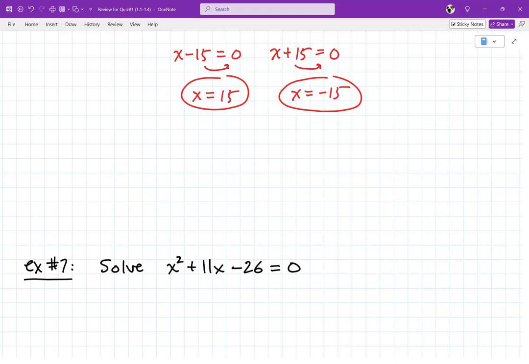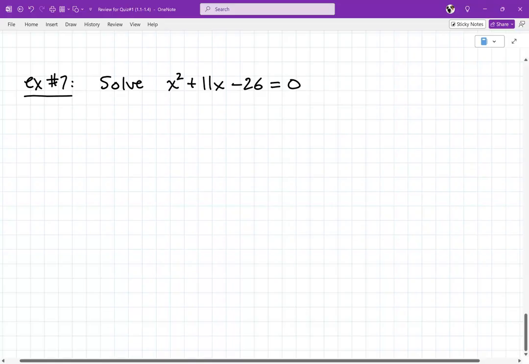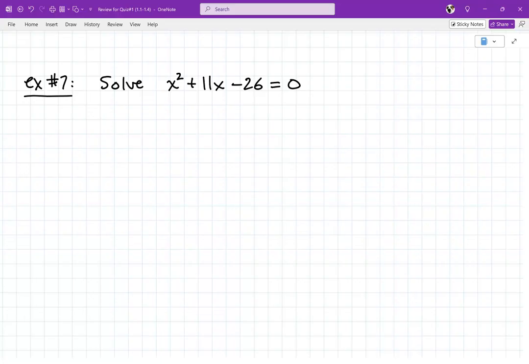Okay? So this one, you look at it, it's 3 terms. So it's not a difference of 2 squares. It's not common factors because it's not 2 terms. With 3 terms, you have 2 options: it's either a perfect square trinomial or it's an x method.